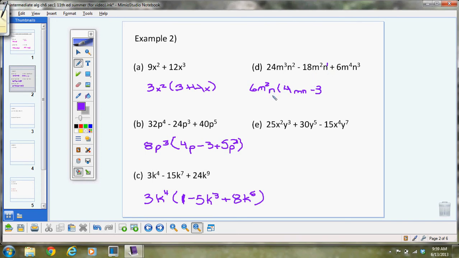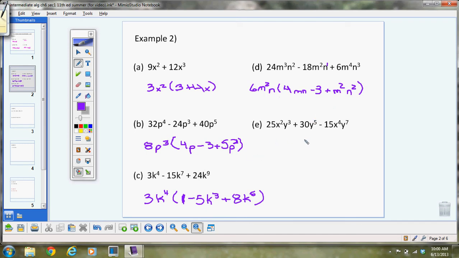I took it out, so I have nothing left with the negative 3. 6 divided by 6 is 1. Now I can put the 1 there, but I don't have to because it's understood there's a 1 there. I have 4 m's. I took out 2. Leaves me with 2, so I'm going to put m squared here. I have 3 n's. I took out 1, so that leaves me with n squared. Then I'm done. One more.